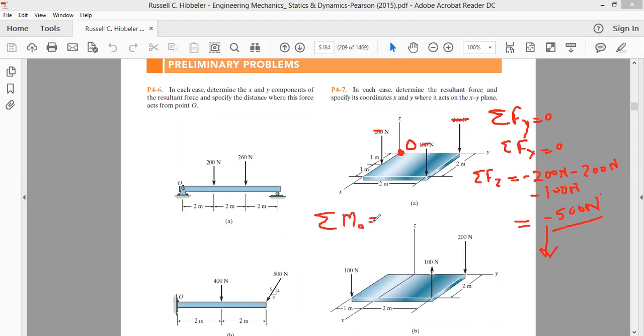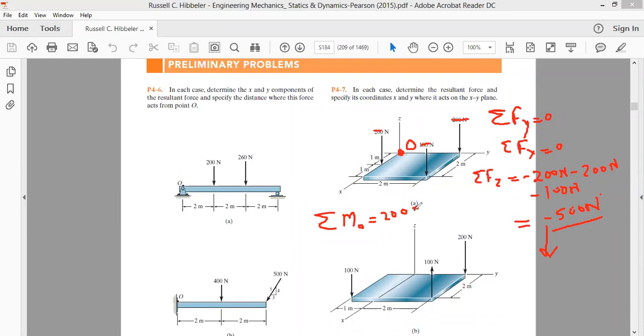First we take the moment because of this 200 Newton force. The moment because of this 200 Newton force is equal to force into force arm, that is 200 Newton multiplied by the force arm, the perpendicular distance between point O and the line of action of the force, which is 1 meter.